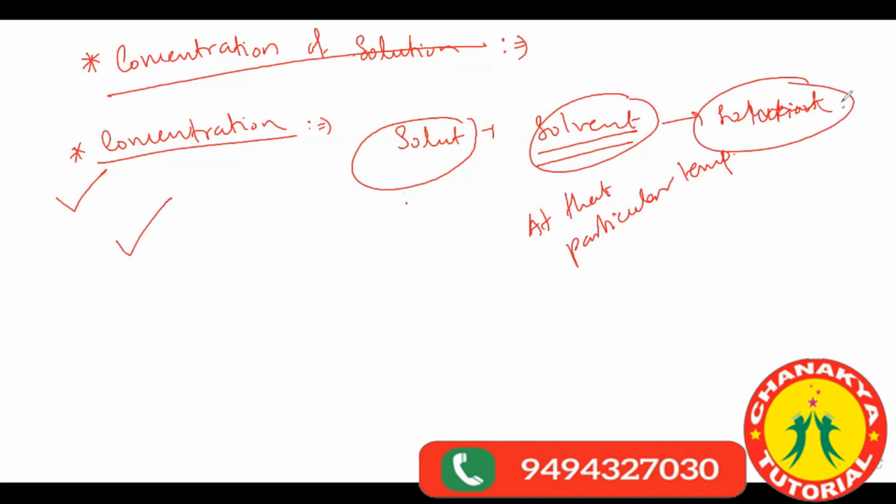So the amount of solute present in the solution at that temperature is called the concentration of the solution. Understood how much amount of solute is present in the given solution at that particular temperature is called the concentration of that particular solution. Clear? Yes or no?